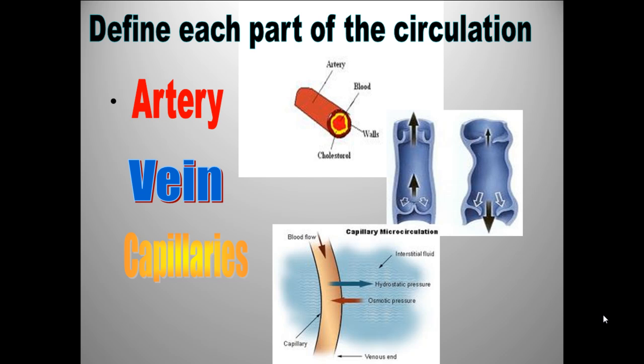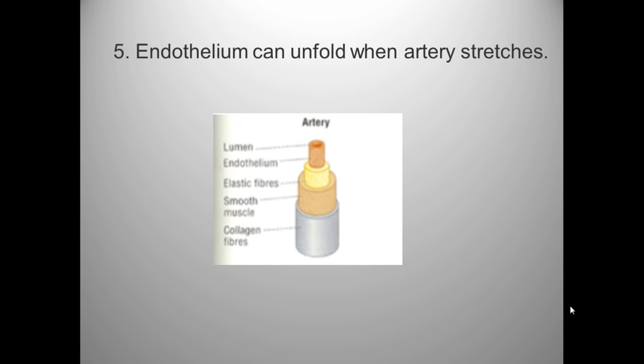Now, if we look first at arteries and what they look like, an artery has quite a small lumen. A lumen is termed as basically the hole through which the blood flows, and like nearly all blood vessels, they have an endothelial layer, an endothelium, which is usually quite thin. Arteries have very thick elastic fibre and smooth muscle tissue.